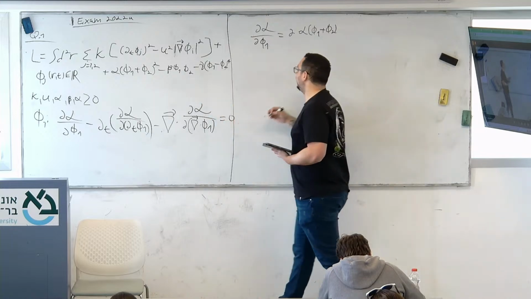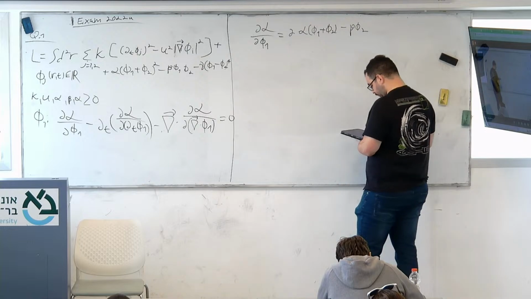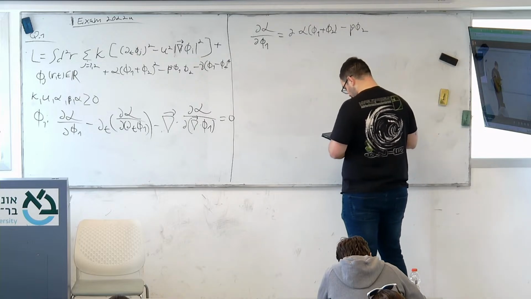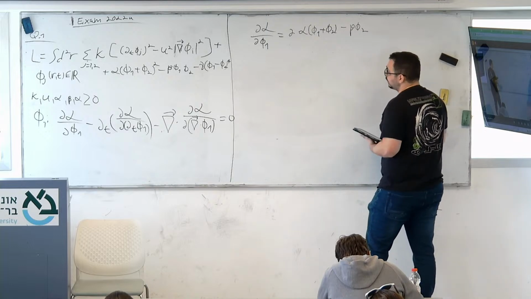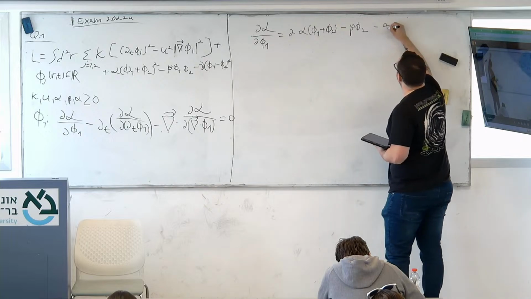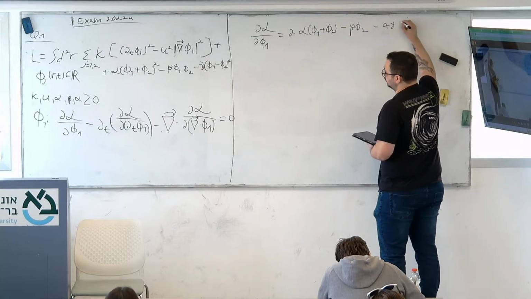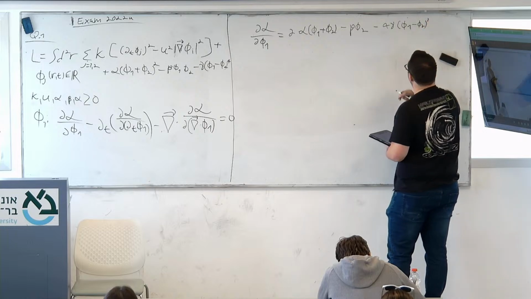Third term minus beta phi2. Yep. And then the last term minus 4 gamma, phi1 minus phi2 to the power 3.